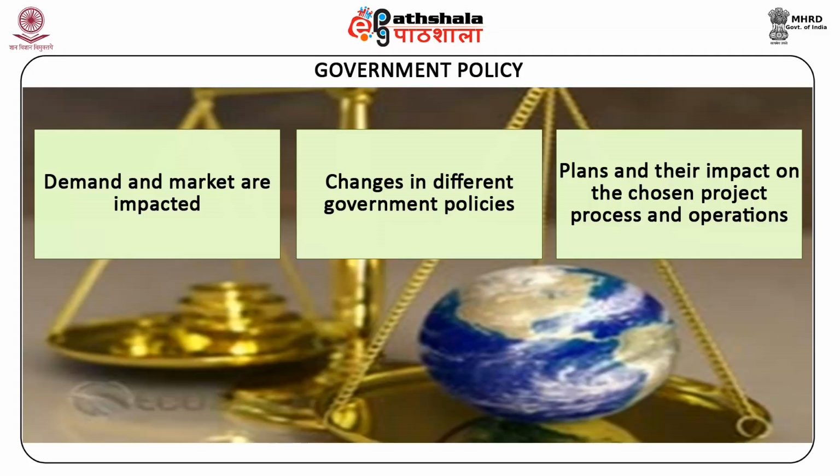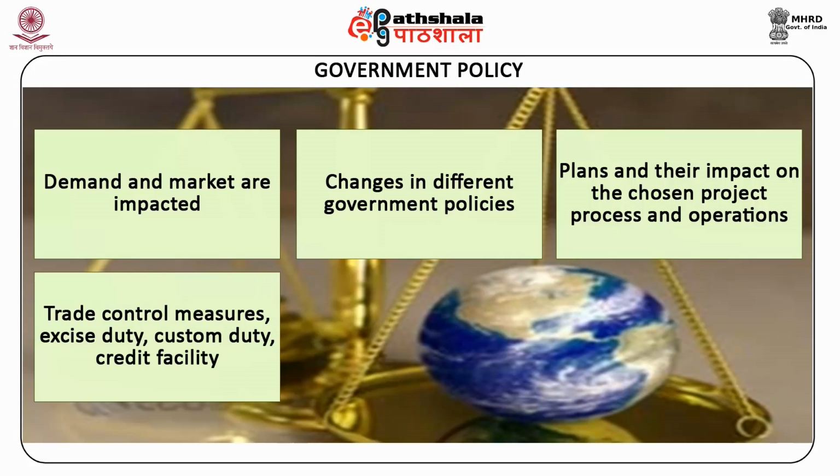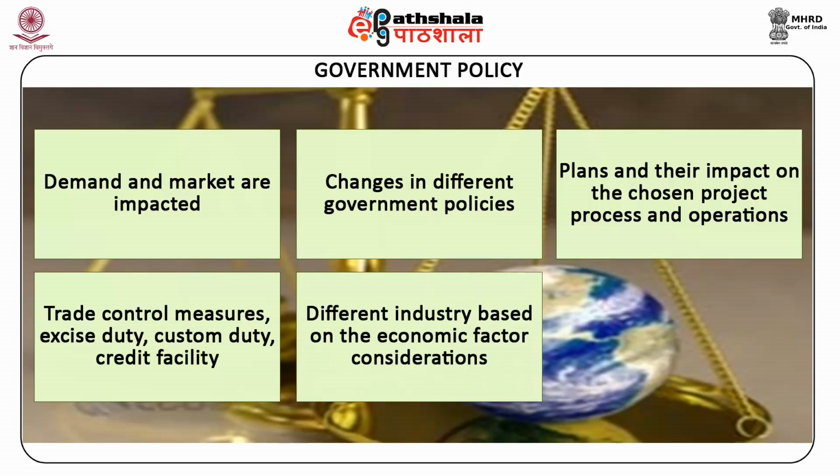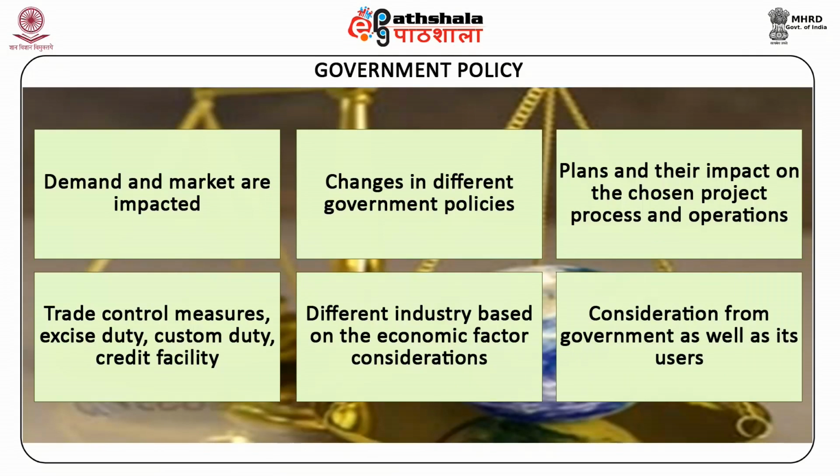These may be through trade control measures, excise duty, custom duty, credit facility, subsidies made available, or penalties of different types in relation to different industries based on the economic factor considerations. The quality of the project, its output as products, is of much consideration from government as well as its users.